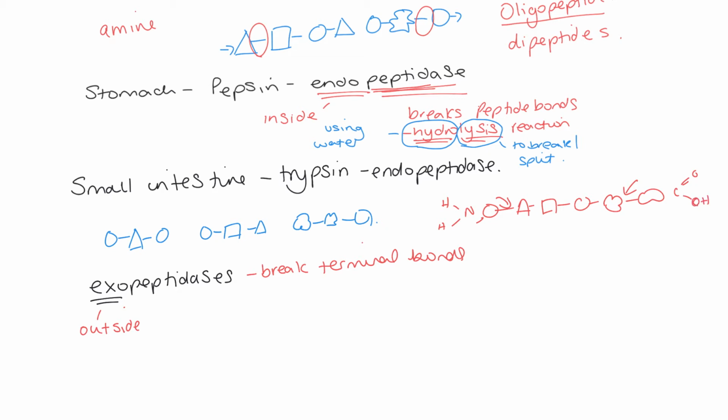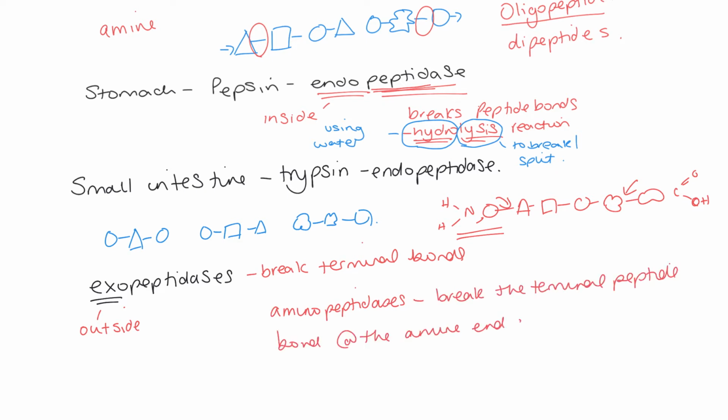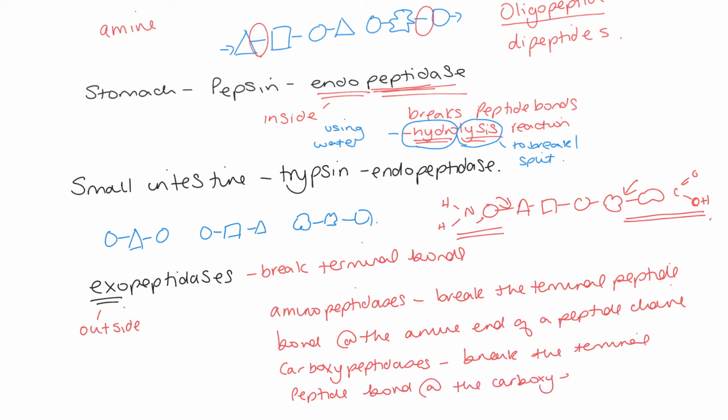So exopeptidases that break the terminal bond at the amine end of a peptide chain are called aminopeptidases. So we have two types of exopeptidases.